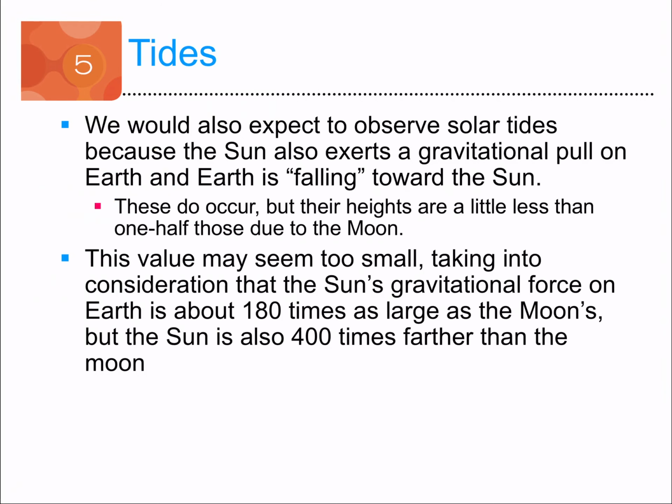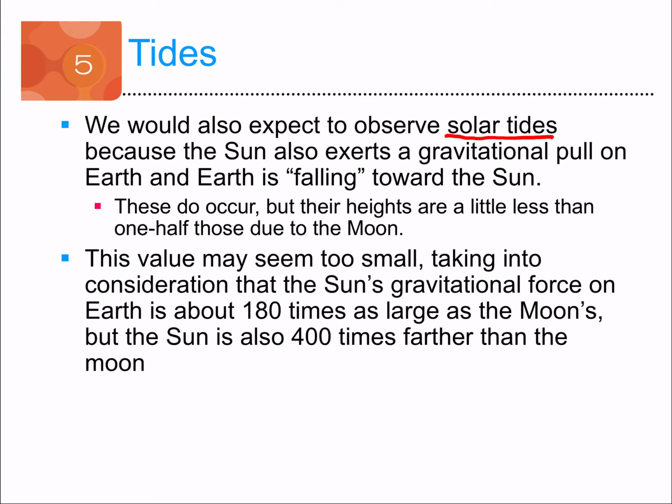Now, you would also expect to observe solar tides, tides that are due to the sun, because we know the sun also exerts a gravitational pull on the earth. The earth is basically falling toward the sun. They occur, but their heights are less than about 1/2 those due to the moon.